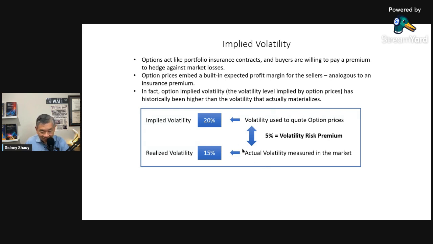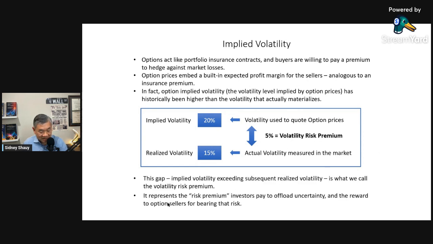So that difference is the volatility risk premium. The name means exactly that. It's the premium for the risk that the option seller is taking. So he wants a risk premium on the volatility that he's using. This gap, the implied volatility exceeding subsequent realized volatility, is what we call the volatility risk premium.